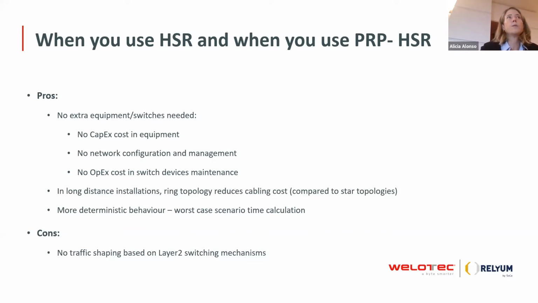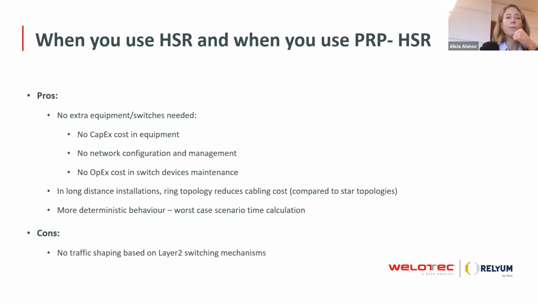If you decided to install a PRP network with a star topology, connecting all these elements, for example, to the control house where the switches would be installed, you will need to invest a lot of money in cabling and wiring to the control house. With an HSR topology, with a ring topology, you obtain important savings in terms of wiring and cabling by interconnecting the IEDs in the switchyard between them. So this is also an important benefit of the topology of HSR for long distance installations.